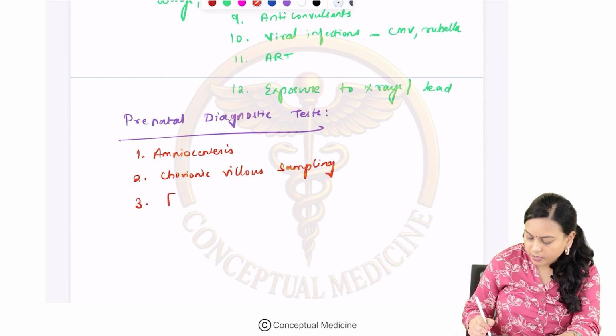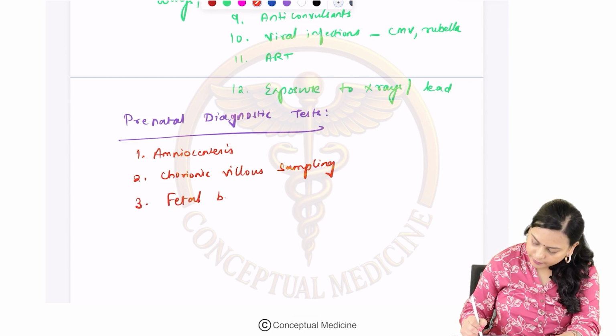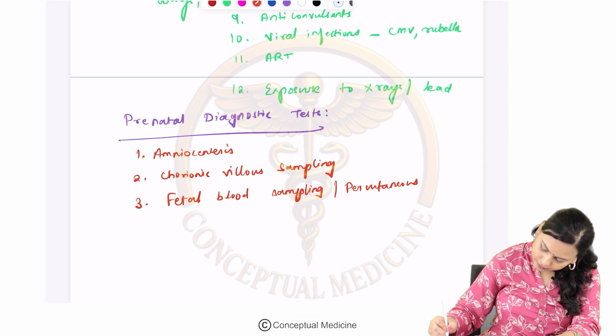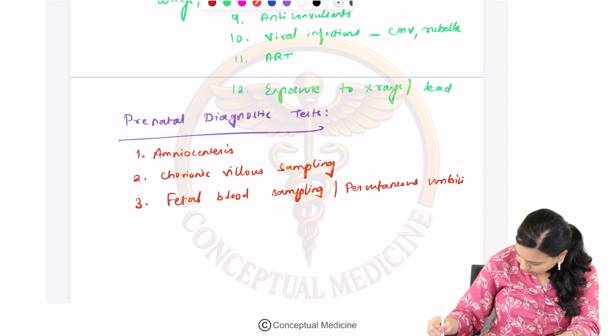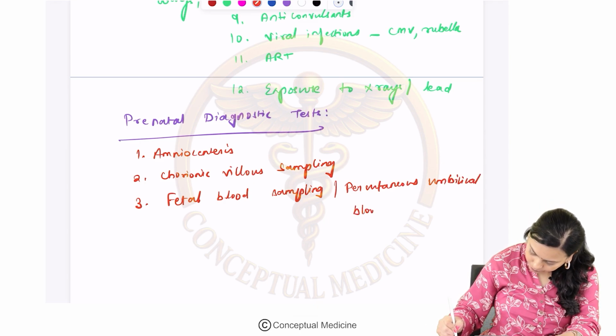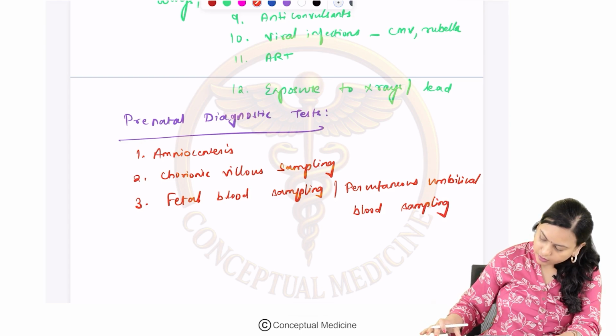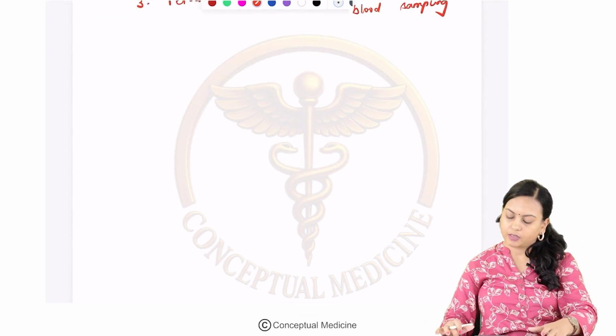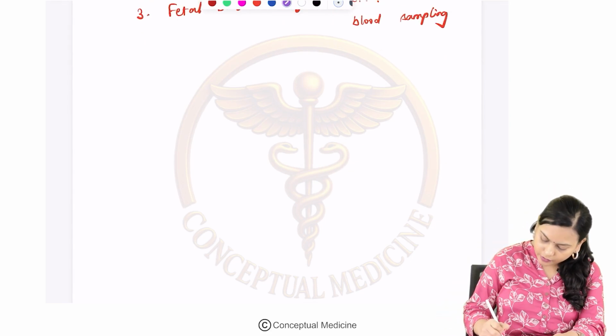Number 3, the fetal blood sampling or percutaneous umbilical blood sampling. Okay, so these are the most important things we are going to discuss. First, we will discuss amniocentesis.